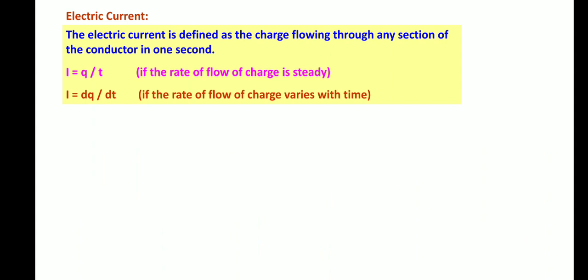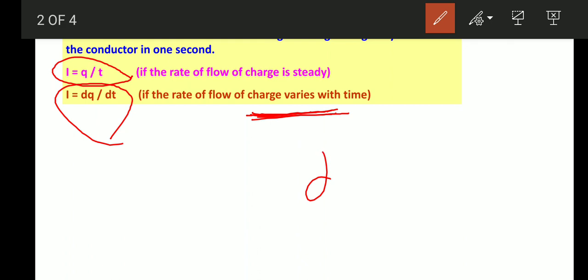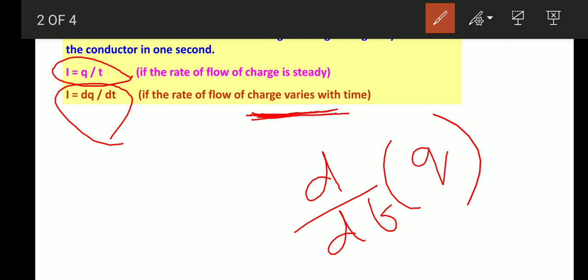In that case we can write the current as I = Q by T. If the charge is varying with the time, then we can write this as dq by dt. dq by dt is usually called the rate of change of Q. So what is going to be changed? Charge is going to be changed with respect to the time. That is why it is called differentiation. So it is the rate of flow.